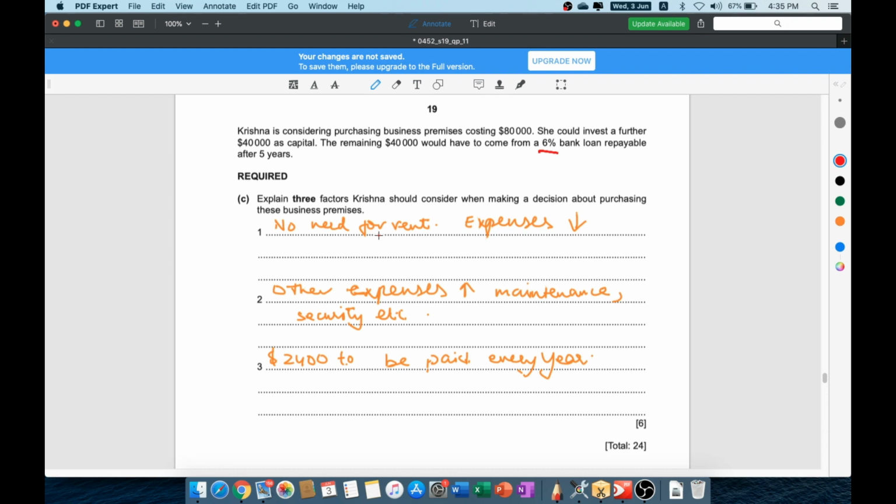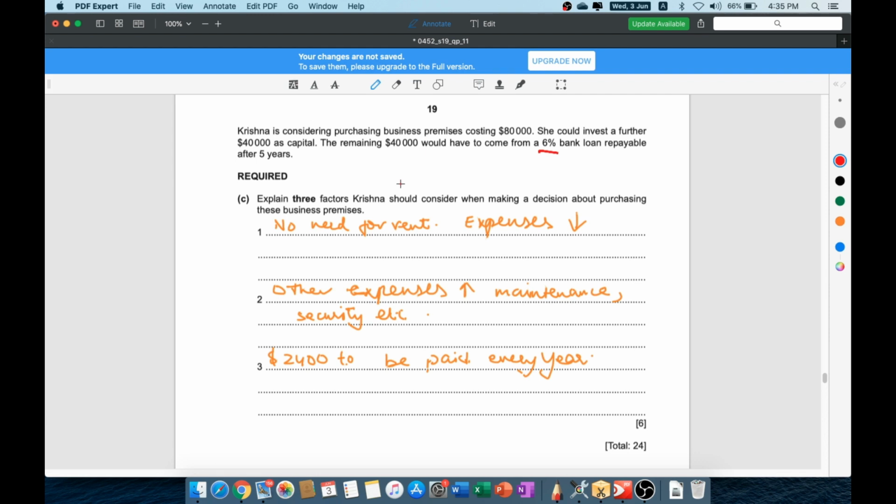But because she's purchasing business premises, she's increasing the area she owns. That means that other expenses will increase, for example, lighting, maintenance, security, cleaning, etc., due to the increase in space, technically.